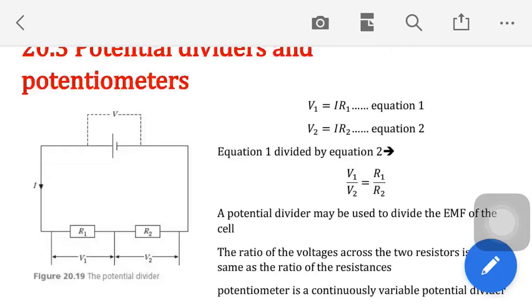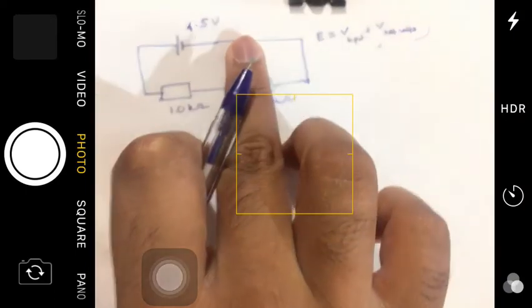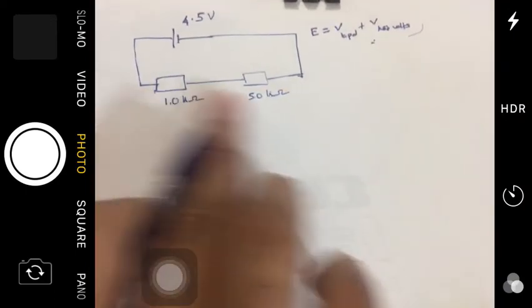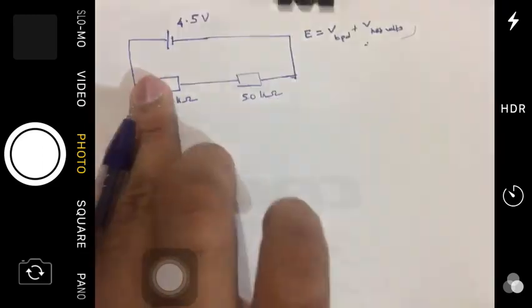V1, V2 would be in the ratio of R1, R2. So if we apply that here, this 4.5 volts will be divided in the ratio of 1:5.